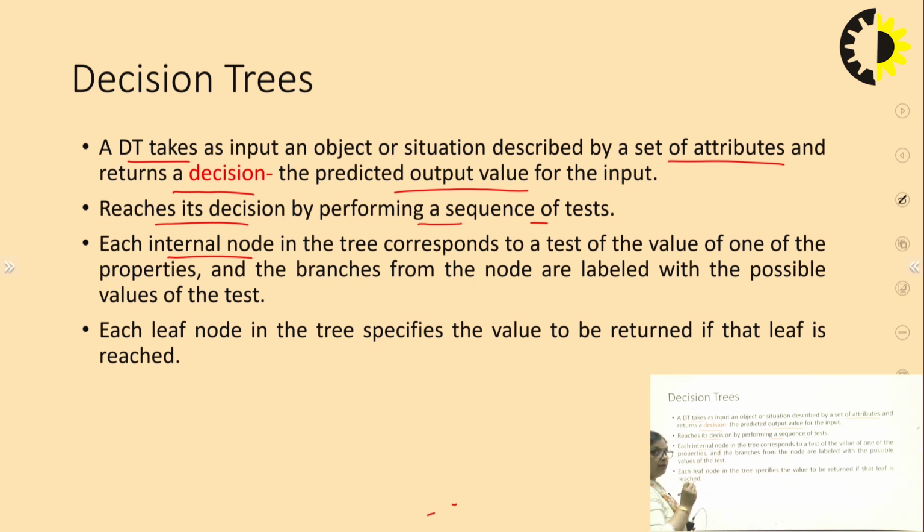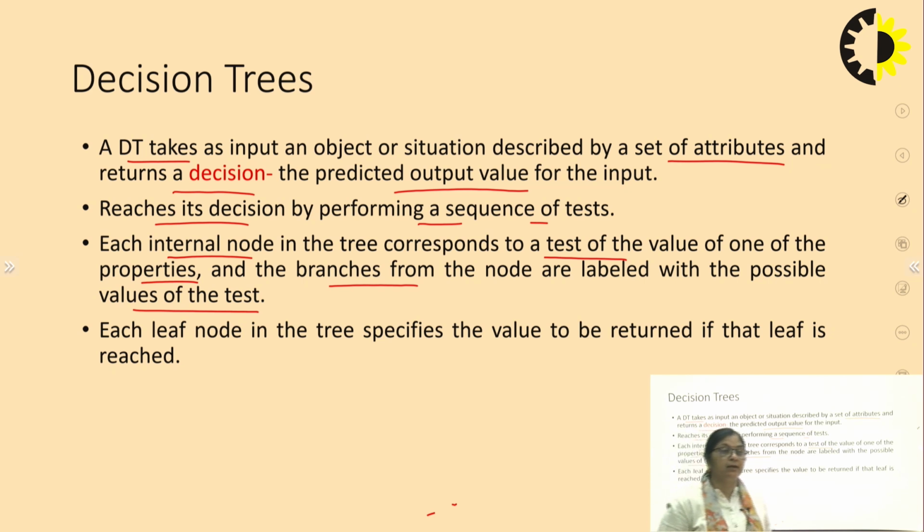Each internal node in the tree corresponds to a test of the value of one of the properties, that is, an attribute. We take attributes one by one, and the internal node is based on the test of one attribute, and the branches from the node are labeled with the possible values of the test.